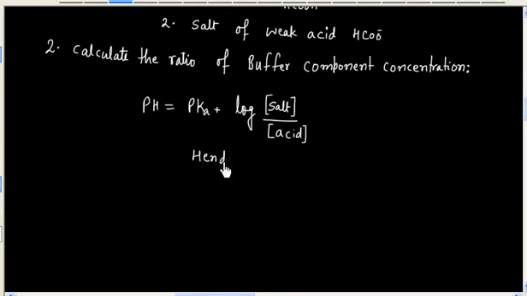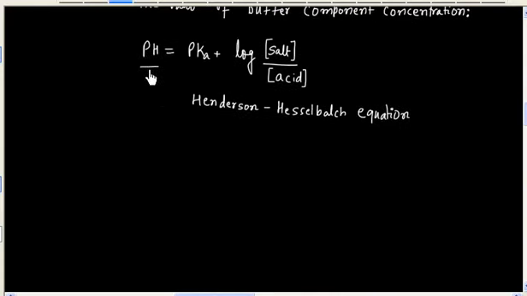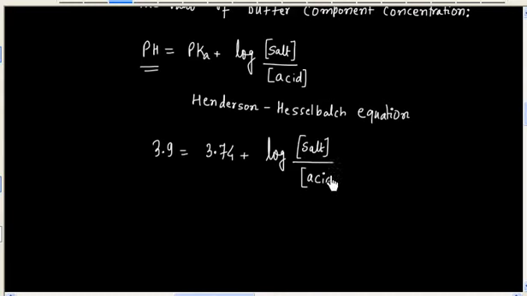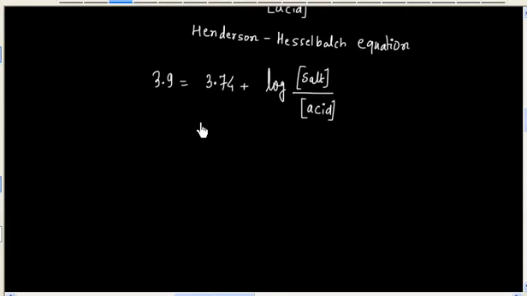So this equation is called Henderson-Hasselbalch equation. pH is known, pKa is also known. We have to calculate the ratio of concentration of salt and concentration of acid.